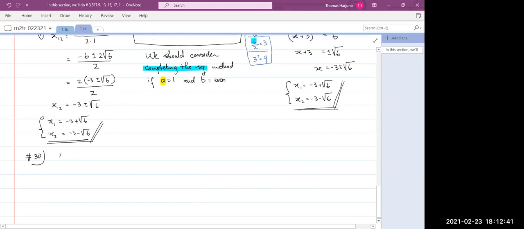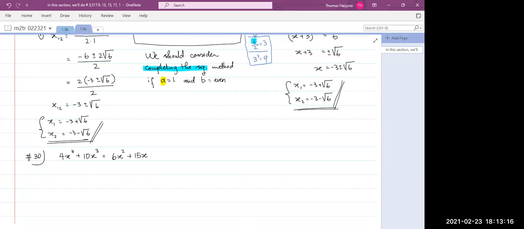We have 4x to the fourth plus 10x cubed equals 6x squared plus 15x. It's a polynomial, okay? And the thing is, the degree is much higher than 2. It's not quadratic anymore.